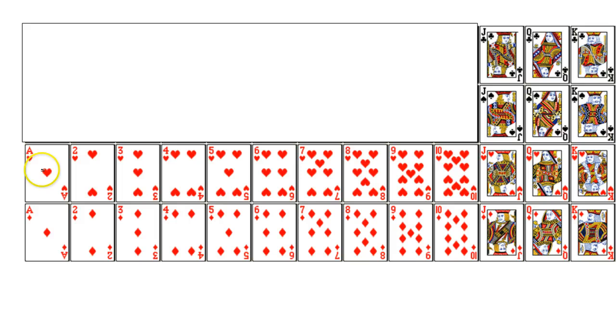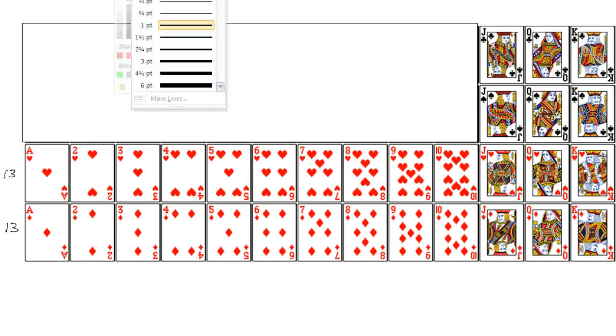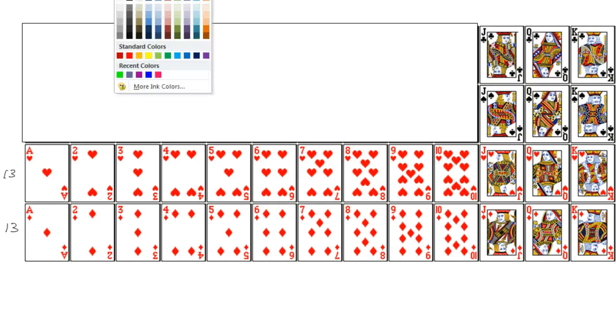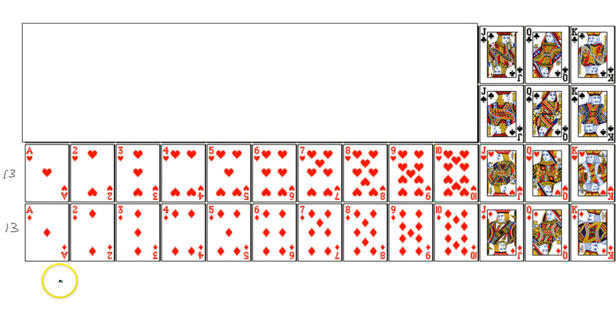Well, let's see. The easiest thing to do is each suit has 13 cards in it. So there's 13 hearts and there's 13 diamonds. Okay, so far, so the red cards, I should make this a little bit bigger. Alright, so the red cards, there are 26 of those. Now, in addition to those red cards, we have 6 other face cards.